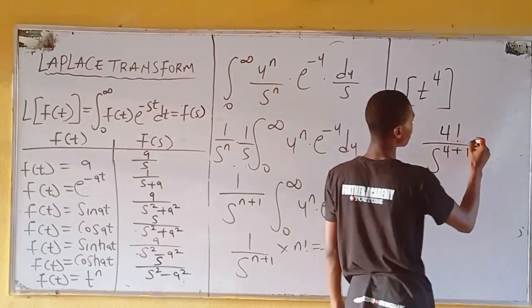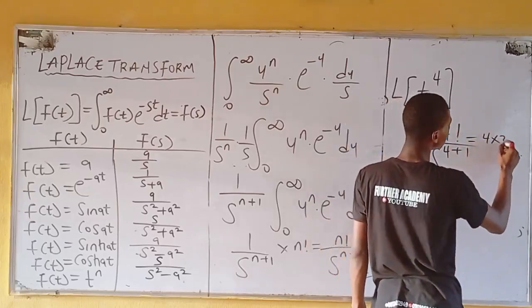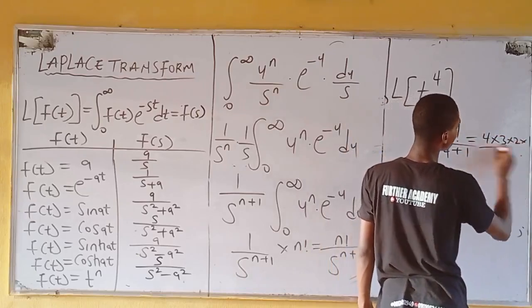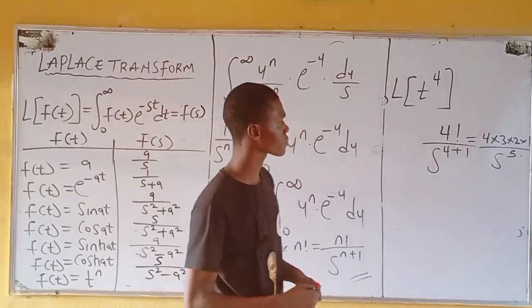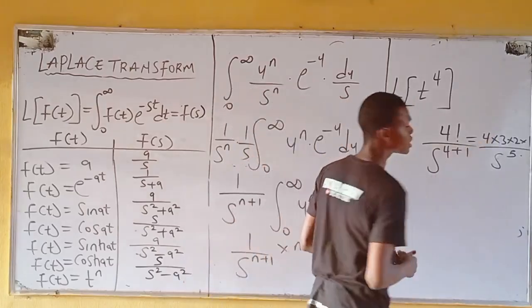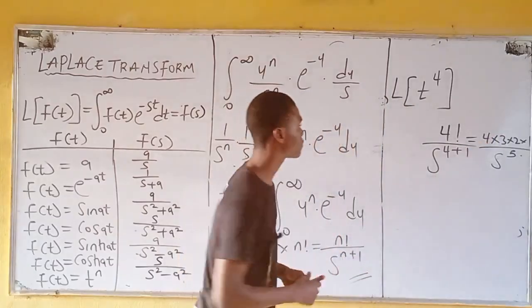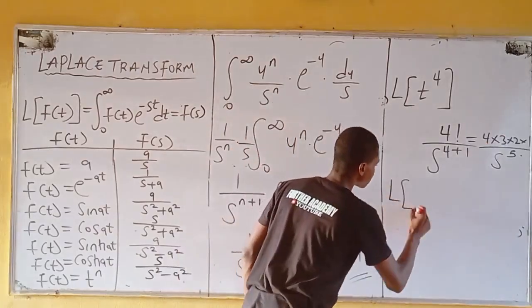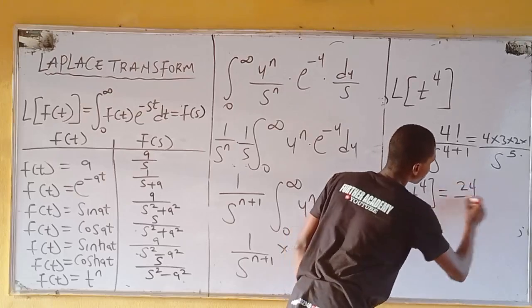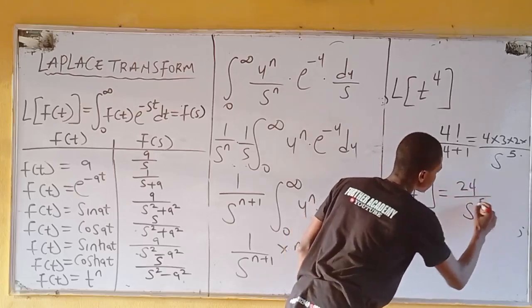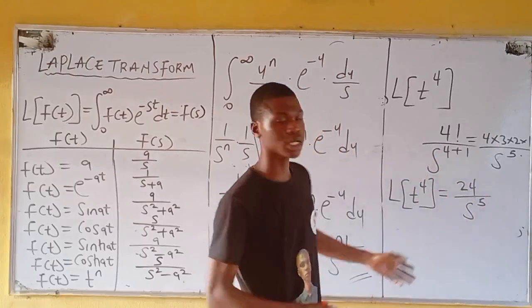By 4 factorial, meaning 4 times 3 times 2 times 1, all divided by x raised to the power of 5. What do I have? 24. So the Laplace transform of t raised to the power of 4 is equal to 24 all divided by x raised to the power of 5. This is how it works.